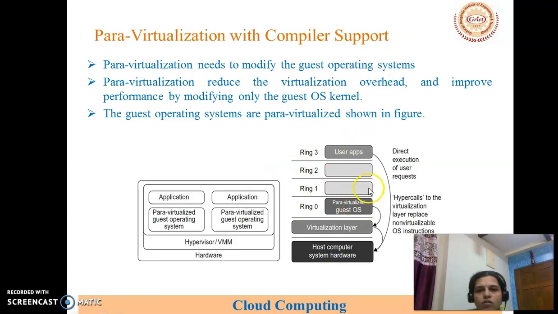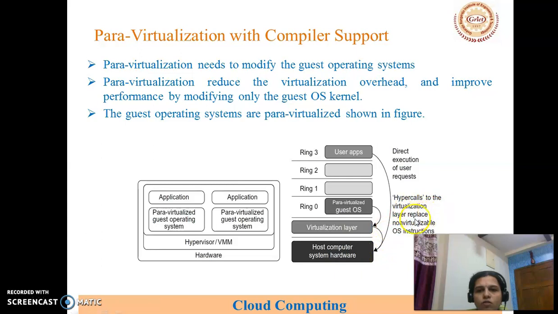On top of that we install the user apps. The user app always connects directly with the host computer, whereas the para-virtualized guest OS first communicates with the virtualization layer, then the virtualization layer communicates with the host computer.